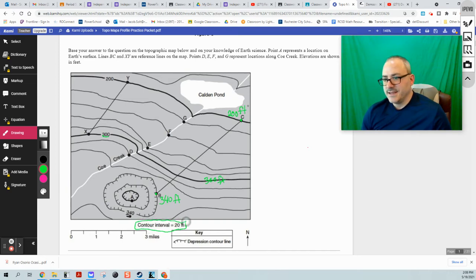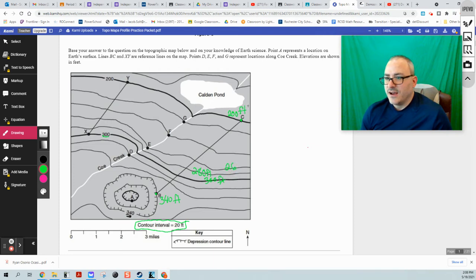That means the elevation difference between each one of these lines is 20 feet. So if I start at 300 and I'm going down, and each one of these lines represents 20 feet, then this line here is going to be 300 minus 20. I've gone down 20, so that's going to be 280 feet. And then this one here is going to be 260.